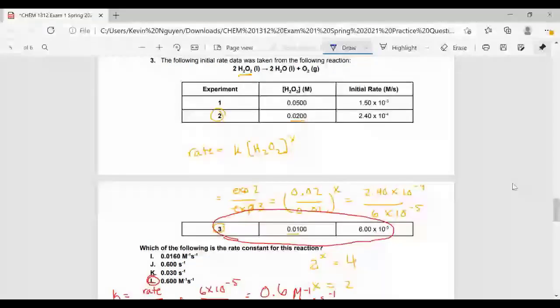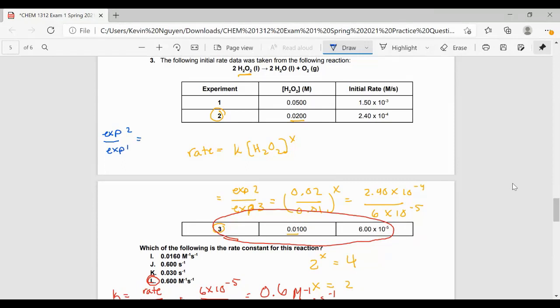Over experiment 1. Okay, so let's go ahead and do 2 over 1. All right, so experiment 2 over experiment 1. Let's double check. So 0.02, oops, 2 all over 0.05. Oof, that's not going to look pretty.